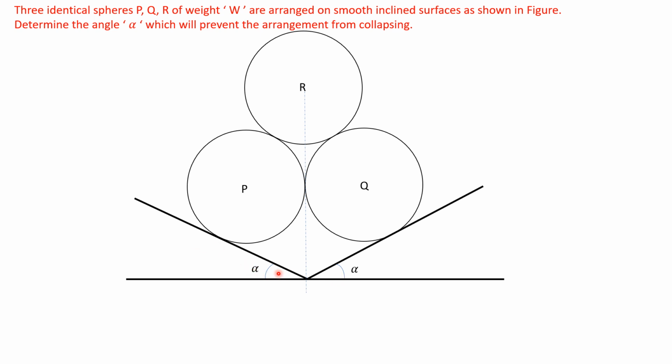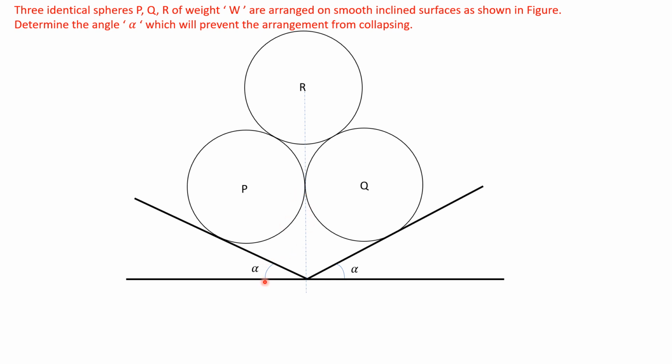We have to find this angle alpha such that these spheres are stopped from collapsing. That is, if this contact point breaks.